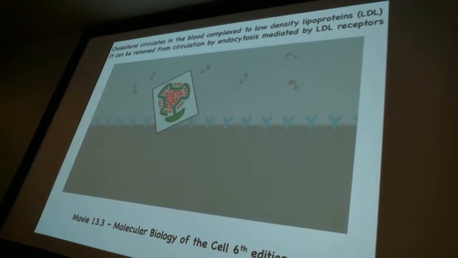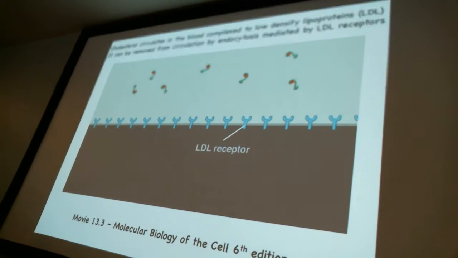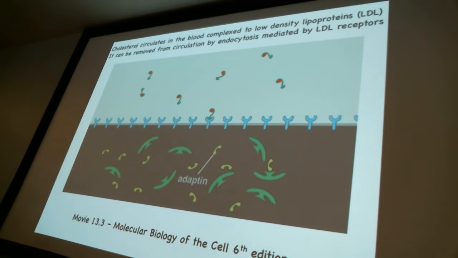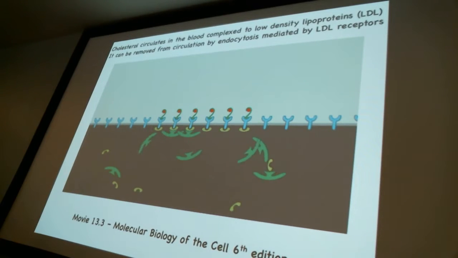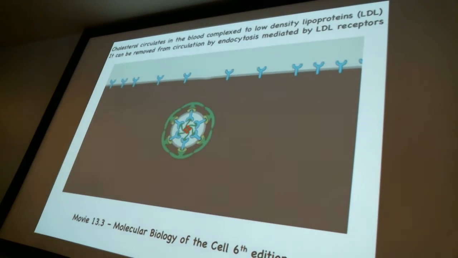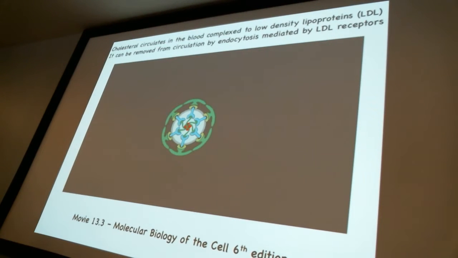The protein portion is recognized by LDL receptors on the surface of cells. An adaptor molecule, called adaptin, binds to the tail of the LDL receptor that protrudes into the cytosol. Adaptin recruits clathrin molecules, which start coating the membrane. Assembly of the clathrin coat causes the membrane to bend and invaginate, forming a vesicle that buds off inside the cell, taking with it LDL receptors and the LDL particles bound to them.